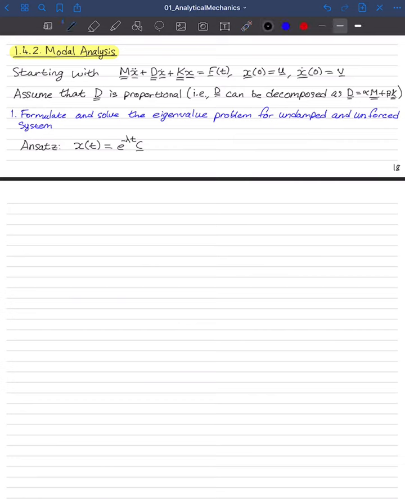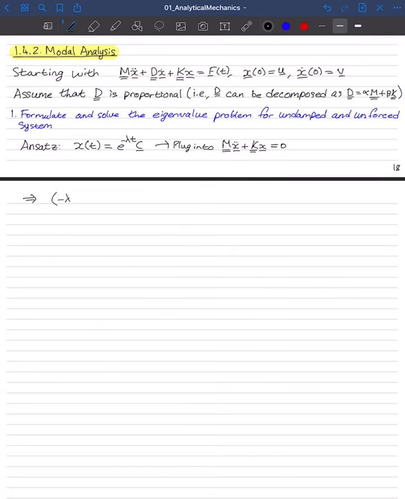Okay, so you plug this into the equations of motion without any forcing, so we can plug this into M x double dot plus K x is equal to 0, like that, and then this will give us the following equation.